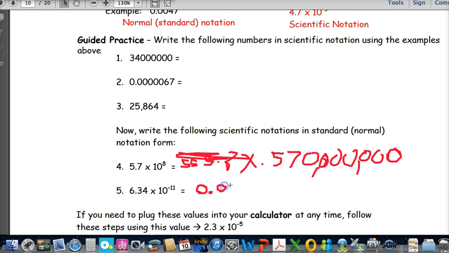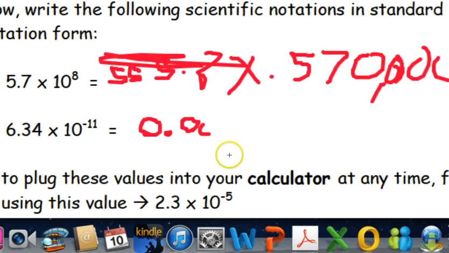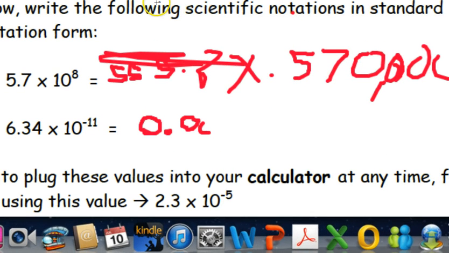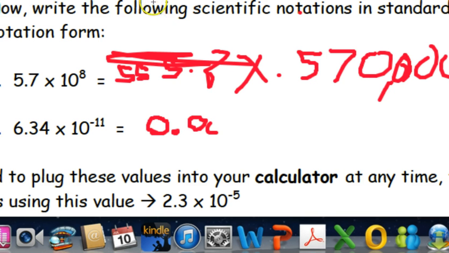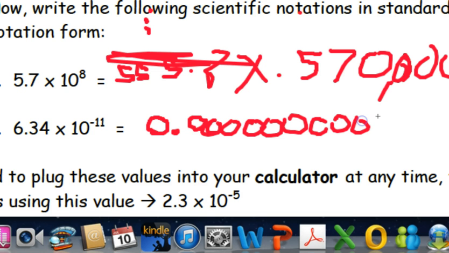So we're going to have 10 zeros, and then 6, 3, 4.